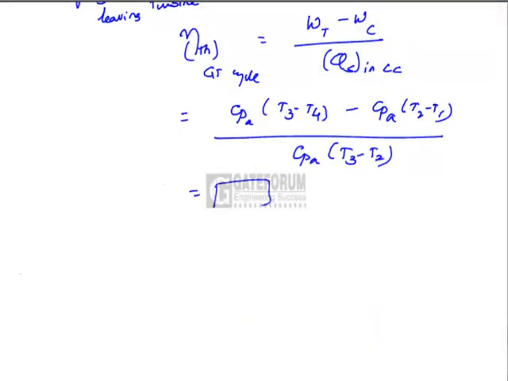The thermal efficiency could be easily obtained for the actual gas turbine cycle, taking into account the machine efficiencies or losses that occur in the compressor and the turbine.